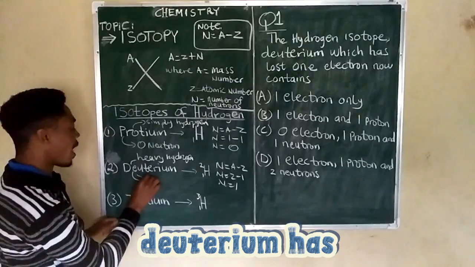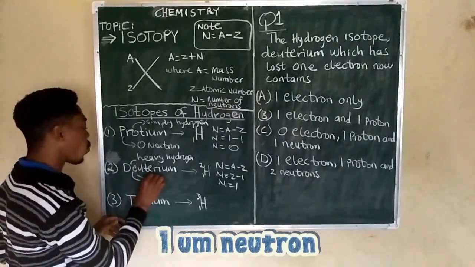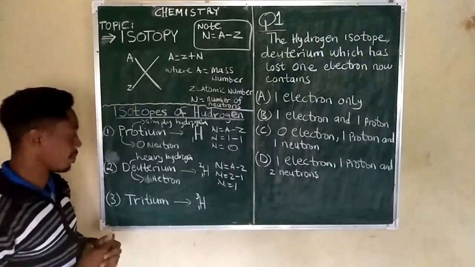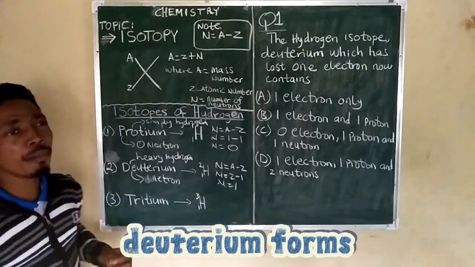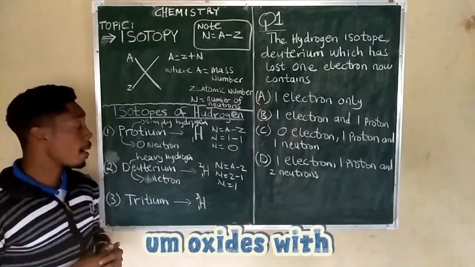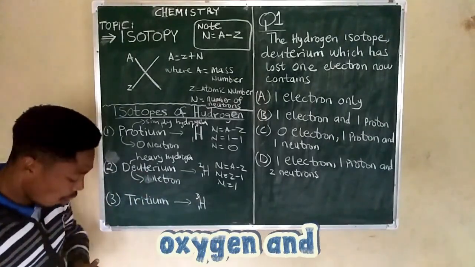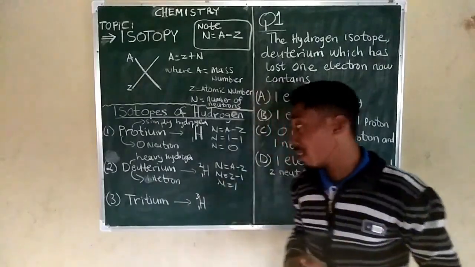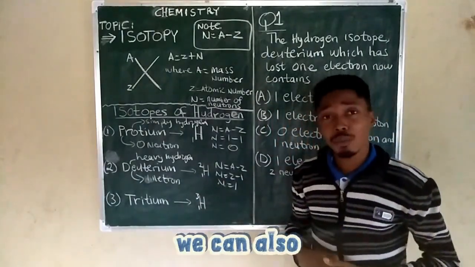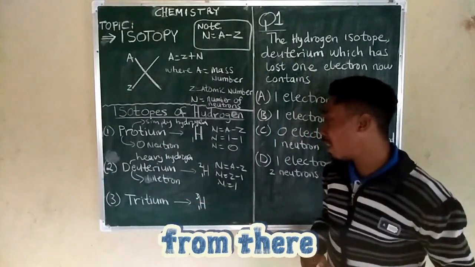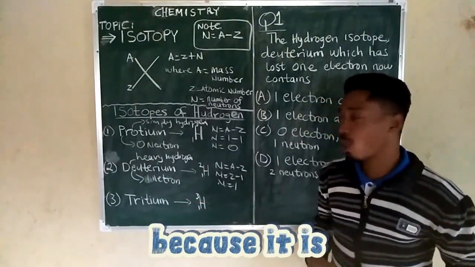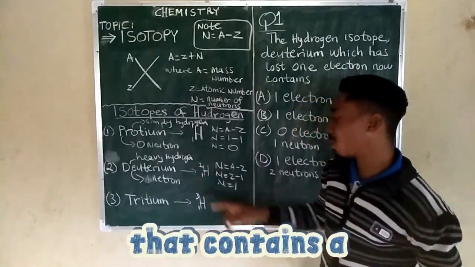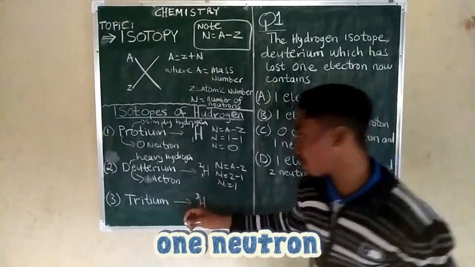So deuterium has 1 neutron. Deuterium forms oxides with oxygen, and the product is called heavy water, because it is an isotope of hydrogen that has a mass number of 2, with 1 neutron.